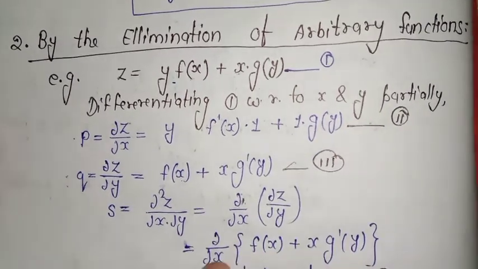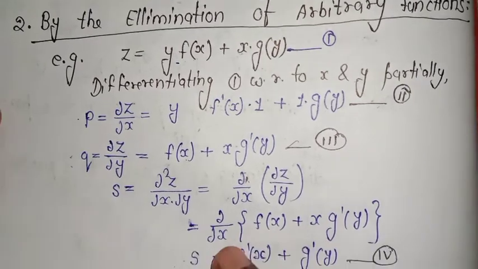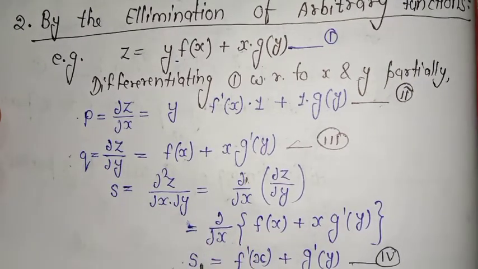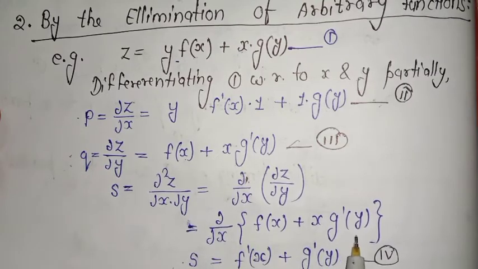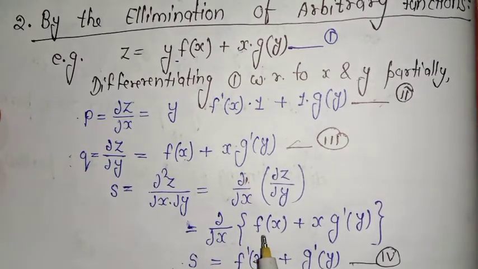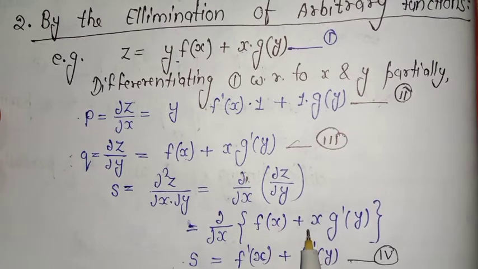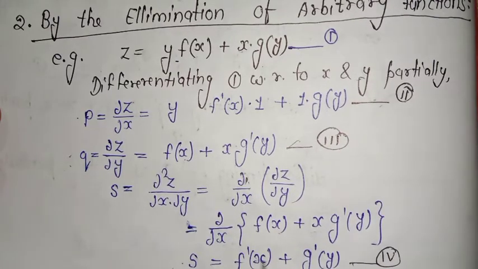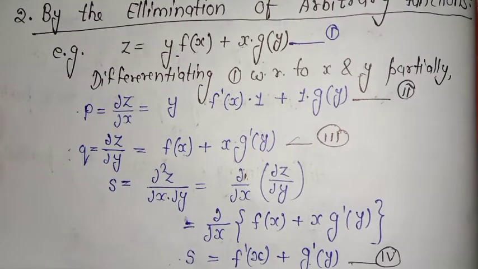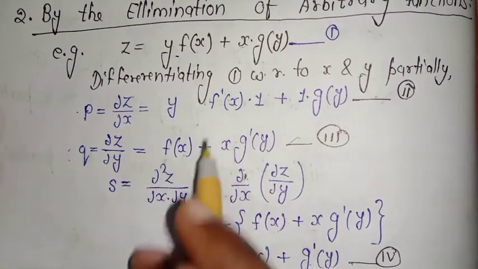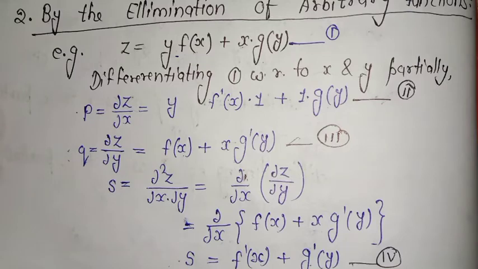If I put it here, then s is equal to f'(x) plus g'(y), because I am differentiating these functions with respect to x partially. So this becomes f'(x) and the derivative of x becomes 1. So we are getting the value of s as this. Now we have to use these 4 equations to eliminate the arbitrary functions.